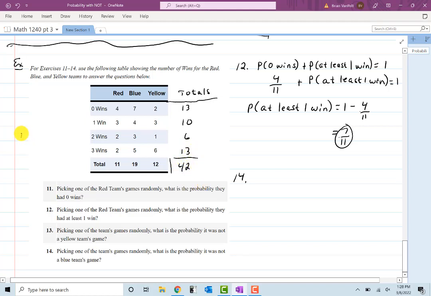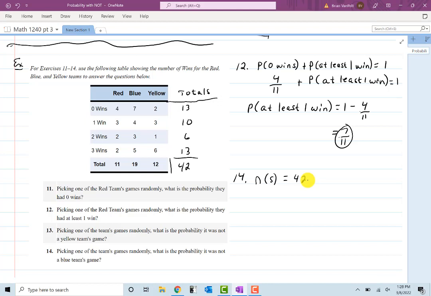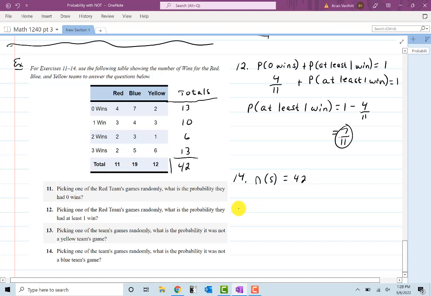So the size of my sample space, well, the sample space varies depending on the question, so it does belong here. The size of this sample space is equal to 42. Now, picking one of the team's games randomly, what was the probability it was not a blue team's game? So we have the probability of blue plus the probability of not blue. That equals 1.